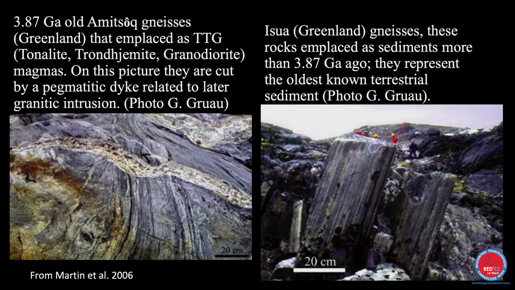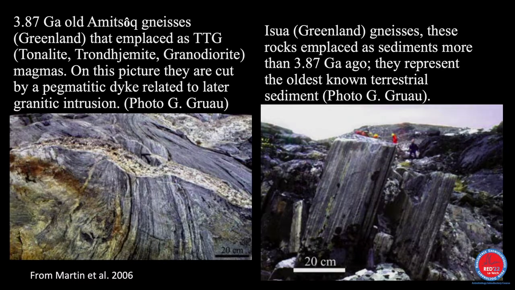One is Amitsoq gneisses, the second one Isua again, both from Greenland. And if you look at the ages of these rocks, they are Eoarchean. So on the left we have gray rocks. They were emplaced as magmatic rocks, TTGs, so tonalite, trondhjemite, granodiorite.